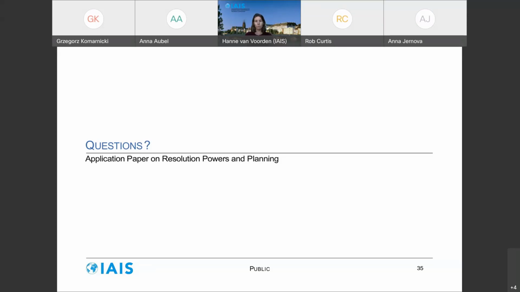But again, we continue to work hand in hand with our colleagues at the FSB, so that we try hard to complement each other's work as opposed to stepping on toes and duplicating effort. So, in a nutshell, I think we're on the right track between the two groups.